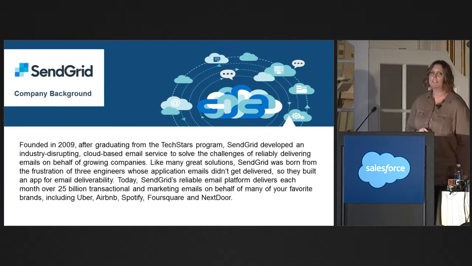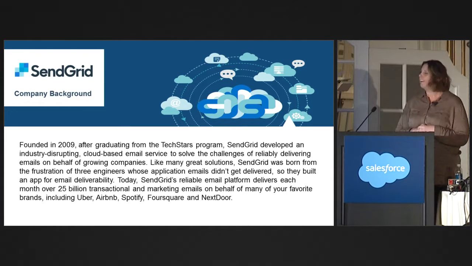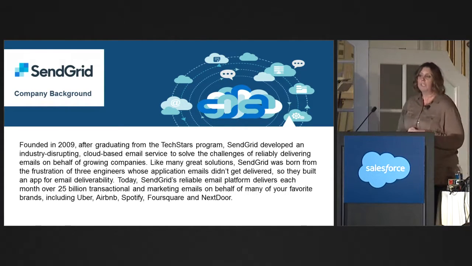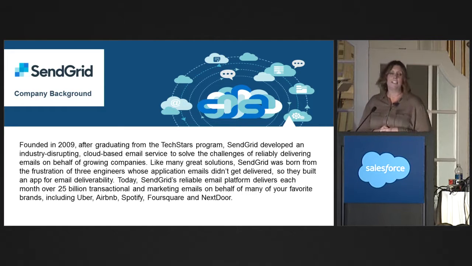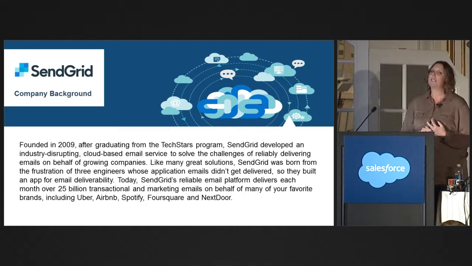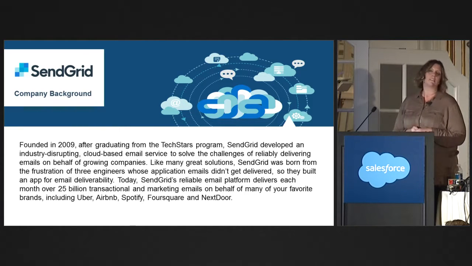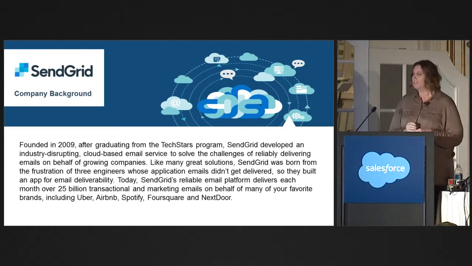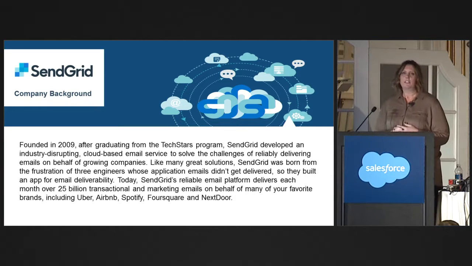A little bit about Sangren. We're a fairly young company. We started in 2009 with 3 engineers who actually were having trouble sending their emails through the application that they had developed. Their emails were not reaching the inbox destination. Out of frustration, our company was born. They built a reliable email delivery platform.